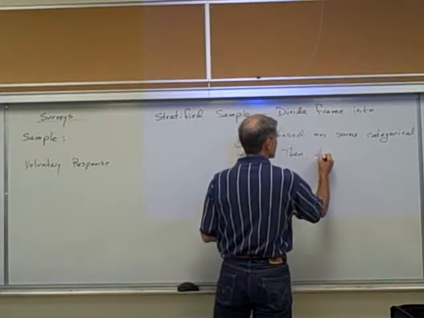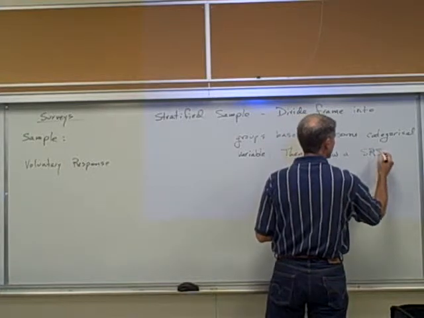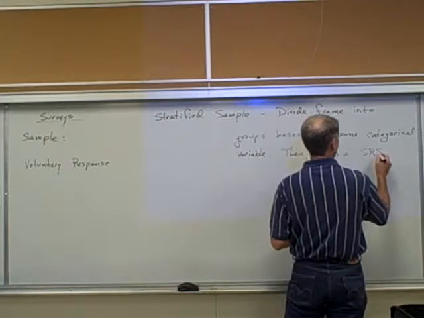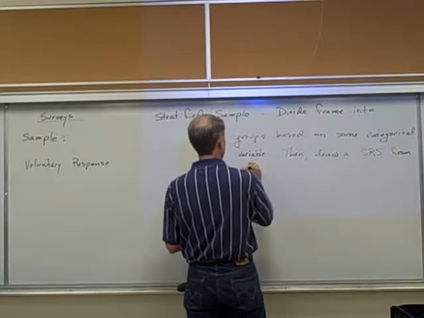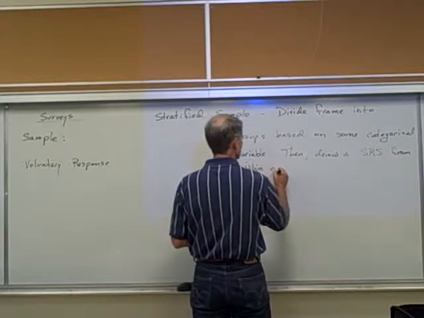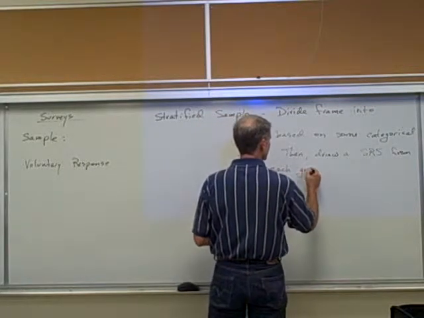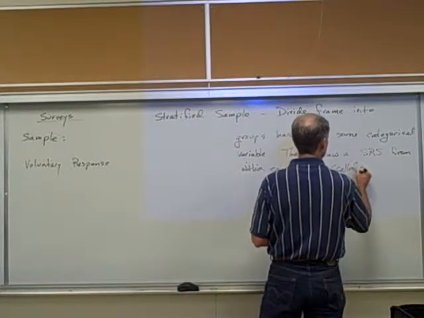Then draw a simple random sample, which I call SRS. Draw a simple random sample from within each group. And those groups are called strata.